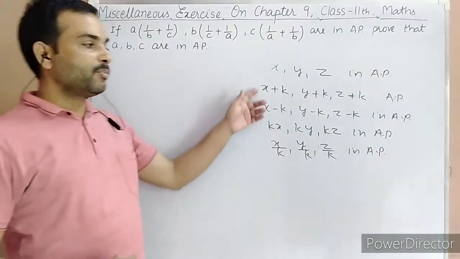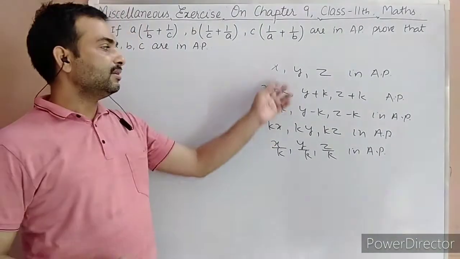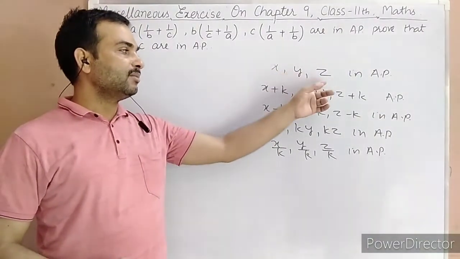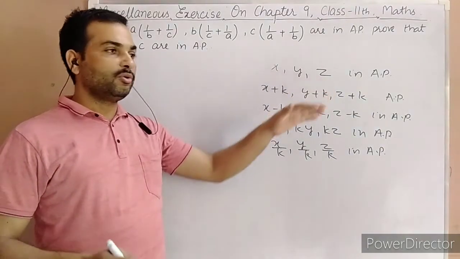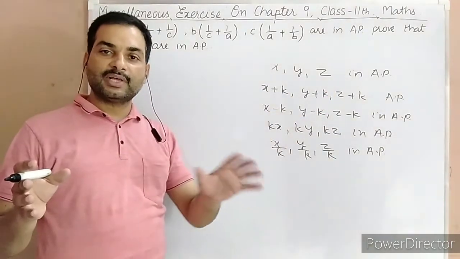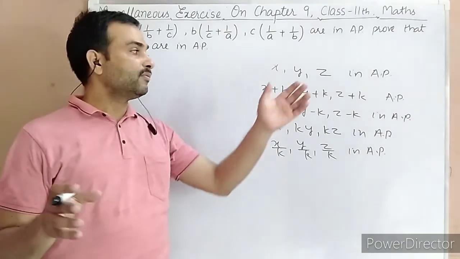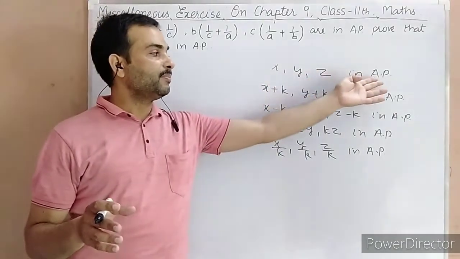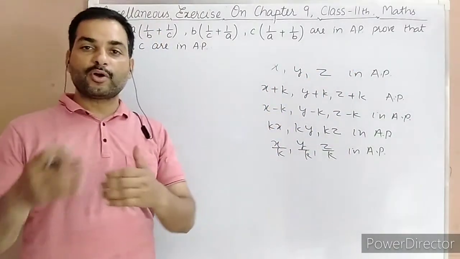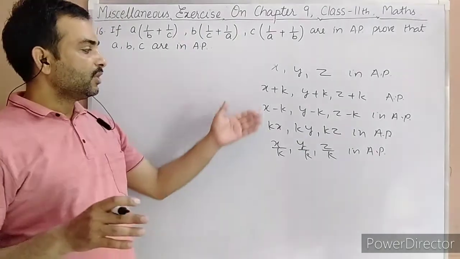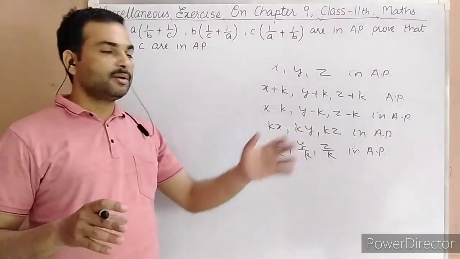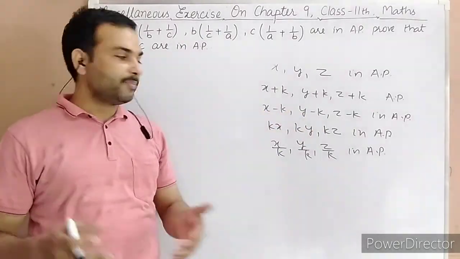So this is a very important property. I can add any constant to the terms: if initially the sequence is in AP, then the new sequence is also in AP. If I subtract any constant, the new sequence is again in AP.